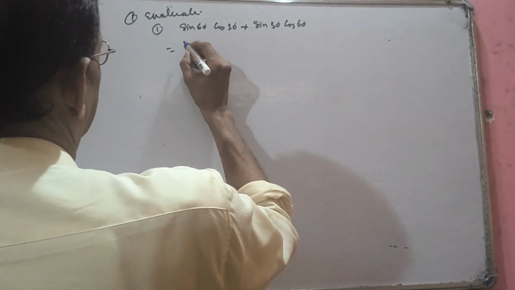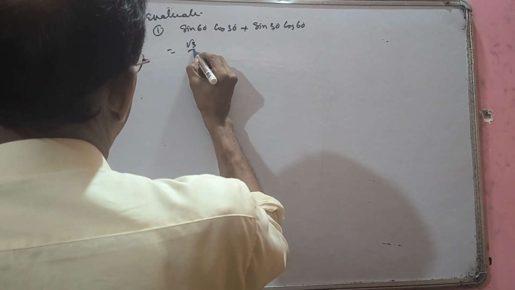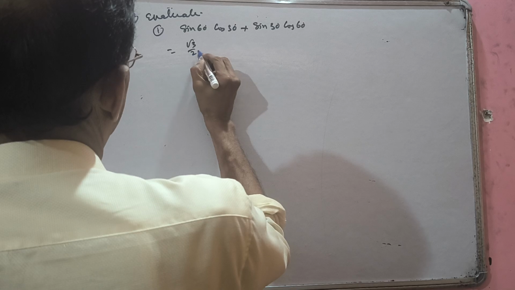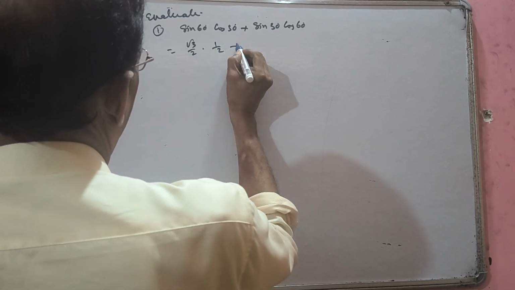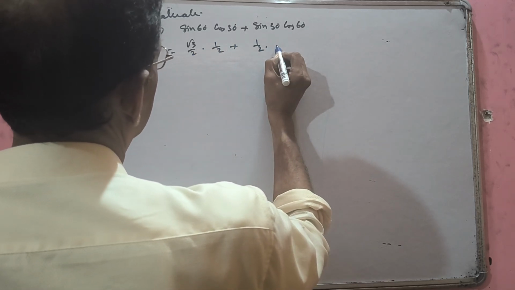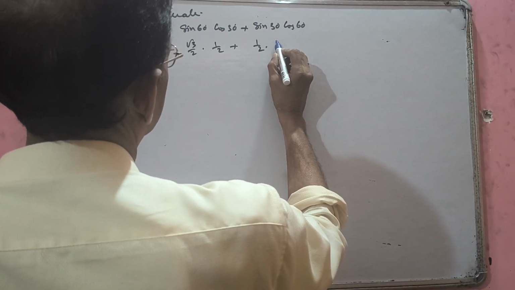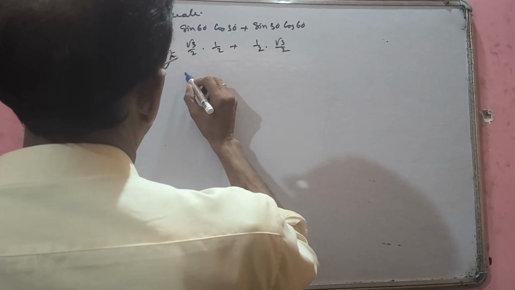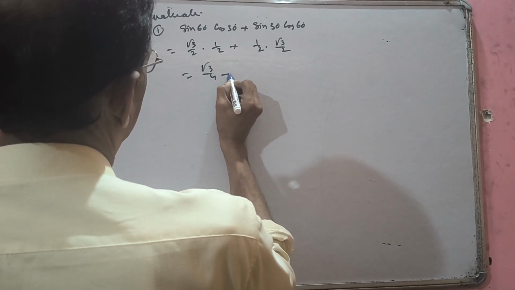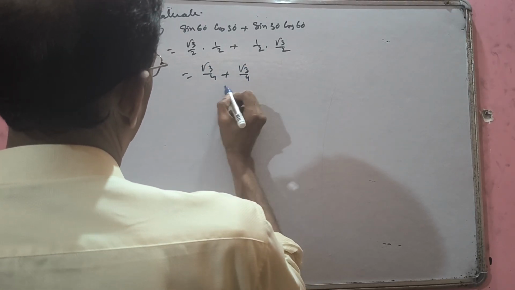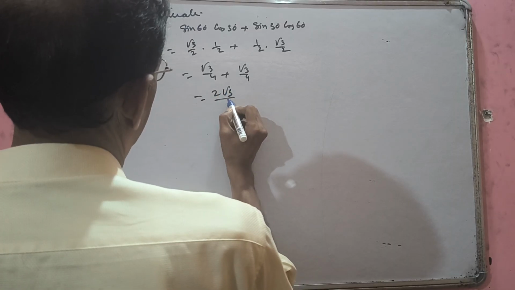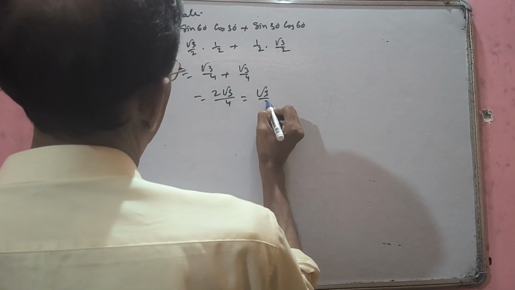You see the table, trigonometric table. Root 3 by 2 into half, and sin 30 degree half and cos 60 degree root 3 by 2. So root 3 by 4 plus root 3 by 4. So 2 root 3 by 4, so root 3 by 2 I have got.